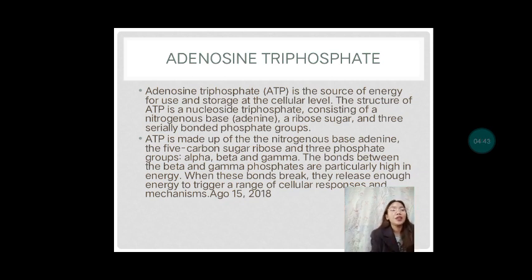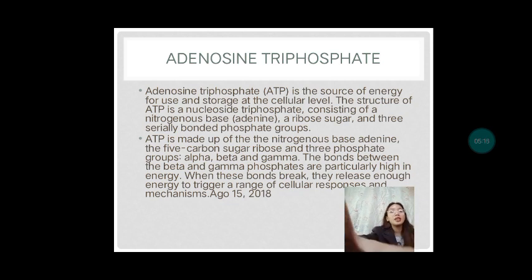ATP plays a critical role in the transport of macromolecules such as protein and lipid in and out of cells. So the hydrolysis of ATP provides the required energy for the active transport mechanism to carry such molecules across concentration gradients. So shall we move on to the second unit?